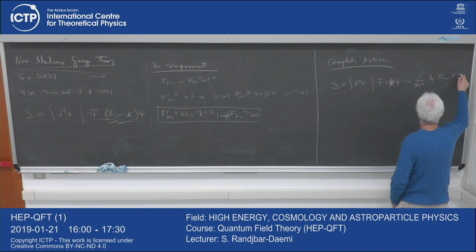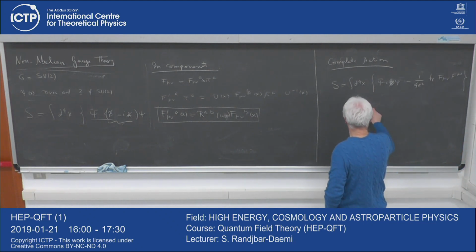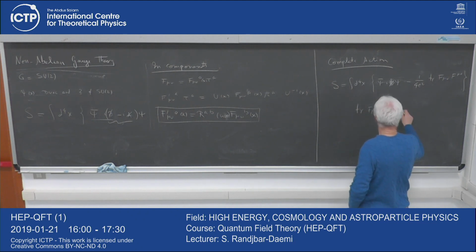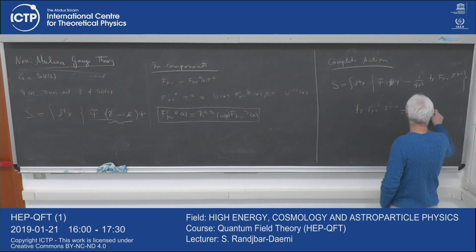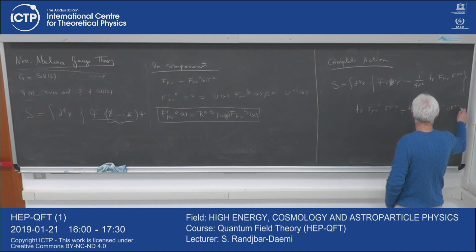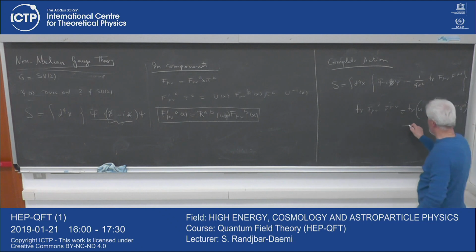All we have to do is to put a trace here. What I'm saying is that the trace of F'_{mu nu} F'^{mu nu} is the trace of U F_{mu nu} U inverse U F^{mu nu} U inverse. These U's cancel from here, and then because of the cyclic property of the trace, you can put this here, and the U inverse and U will cancel.